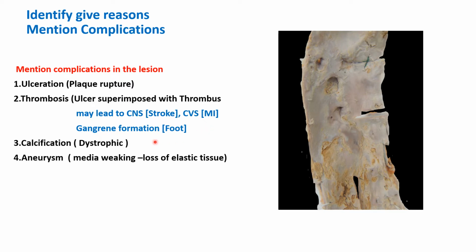There may be calcification of the plaques, or the plaques erode the muscular and elastic wall of the aorta. It may lead to aneurysm. So please mention the complication as ulceration, thrombosis, calcification and aneurysm. And you can write these under the heading of thrombosis so that the clinical features are also covered.